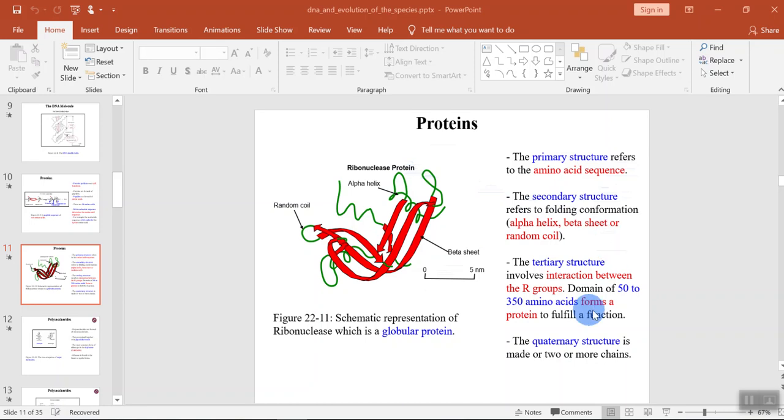The tertiary structure involves interaction between the R groups, the active groups. A domain of 50 to 350 amino acids forms a protein to fulfill a function. The quaternary structure is made of 2 or more chains.